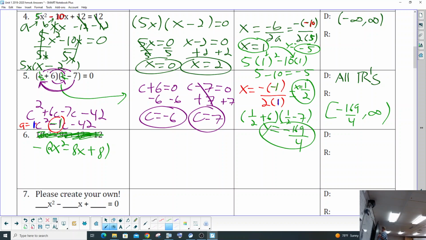And so what I would do is go ahead and factor out the negative 2, and we're left with x squared plus 4x plus 4, because what you're doing is pulling out a 2 by dividing it out. There we go.